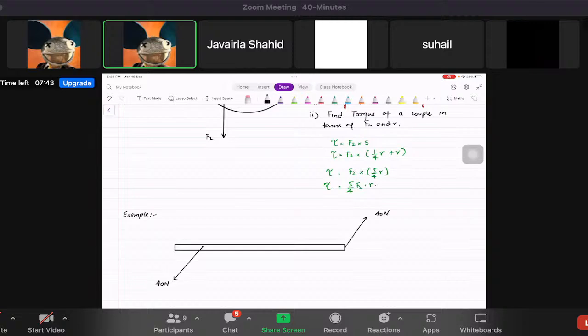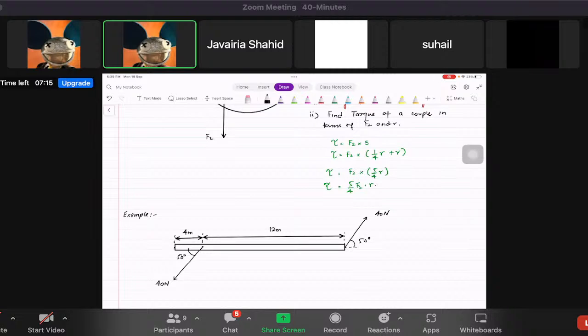The distance from this point to this point is 12 meters, and the distance from the start of the plank to this, they've given as 4 meters. This angle is 50 degrees, so is this angle, it's also 50 degrees.